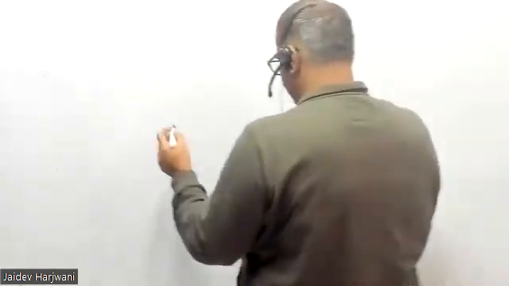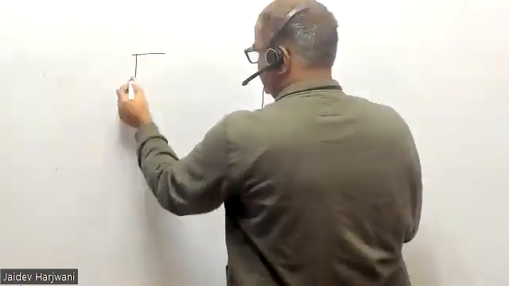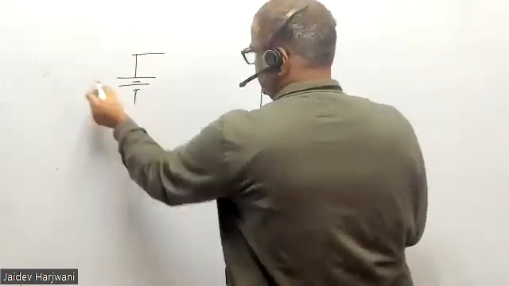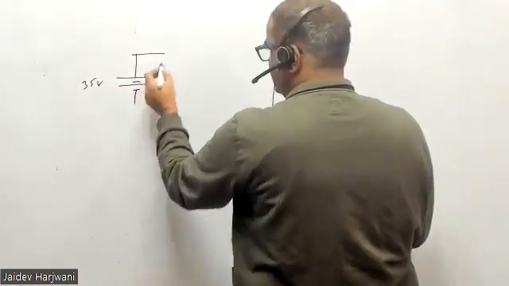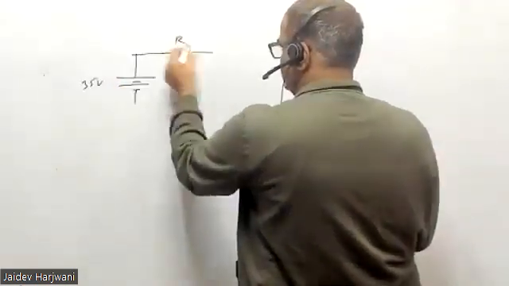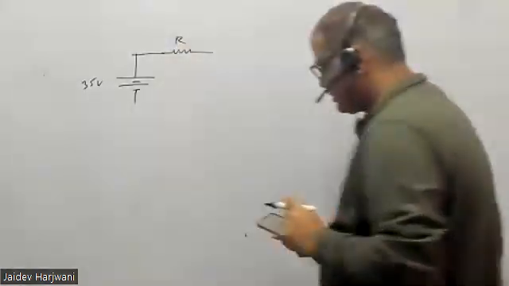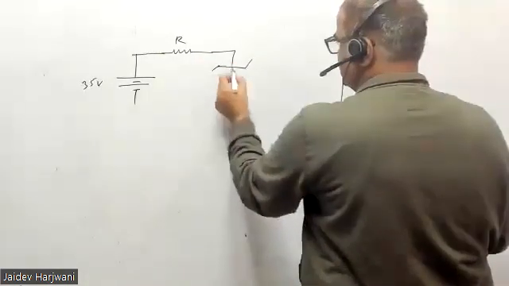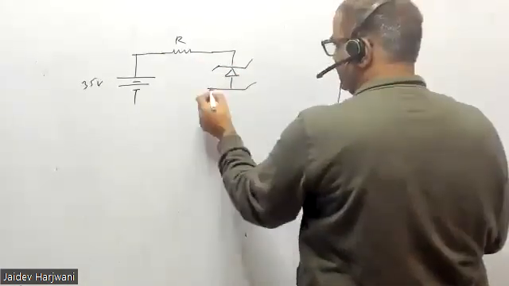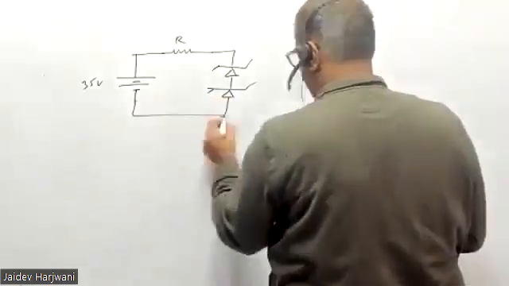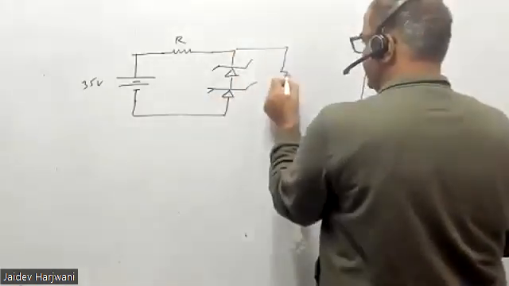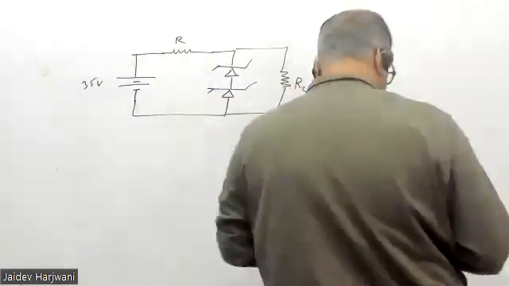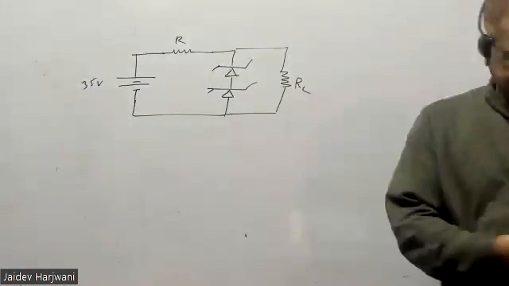So you have been given this 35 volt, R. Okay. And you have been given 2 Zener diodes connected in series. And you have this RL. Okay. Now what is being asked in the question?